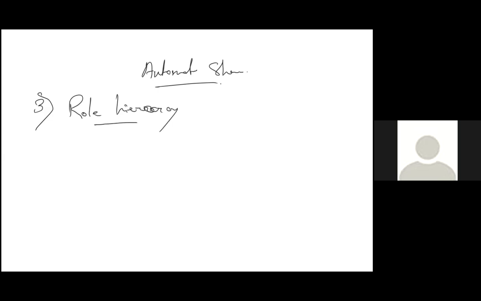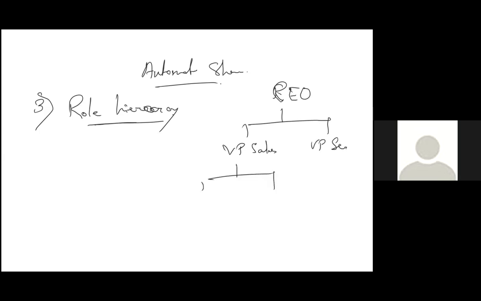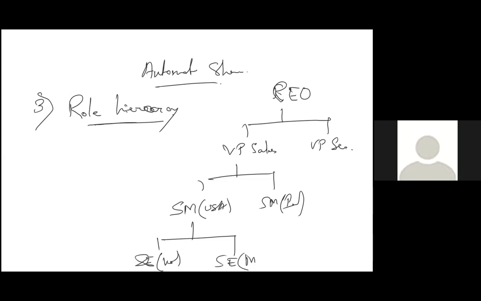Role hierarchy I can set in an organization. If I set a role hierarchy, what happens? I will define roles like CEO on top, then VP sales, VP service, underneath that sales manager USA, sales manager India, under him sales executive Kolkata, sales executive Mumbai.